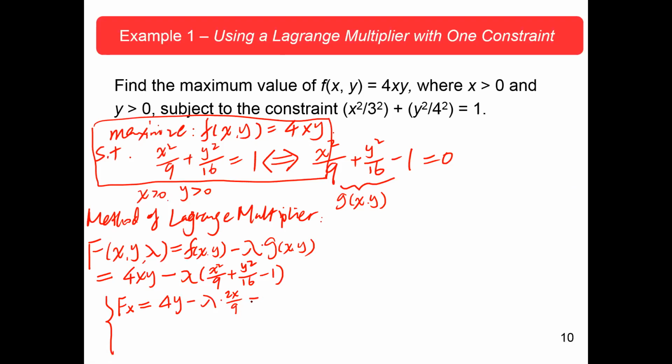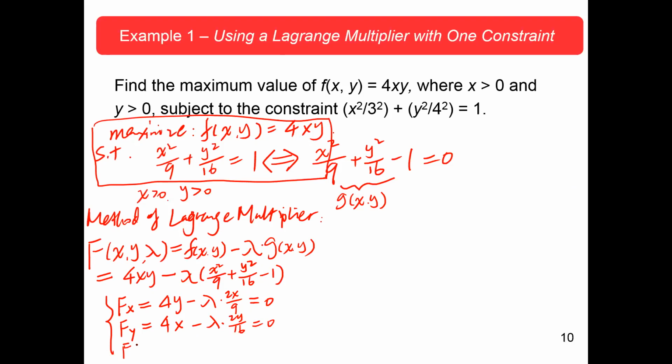Partial x equals 0. Next, partial y. So partial y would be 4x minus lambda times 2y over 16. That equals 0.